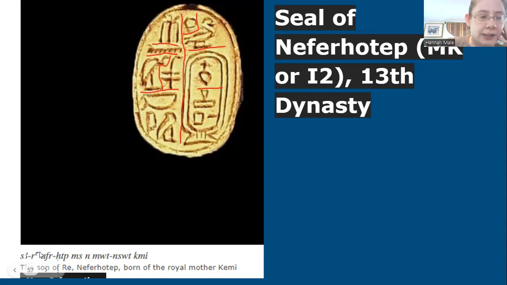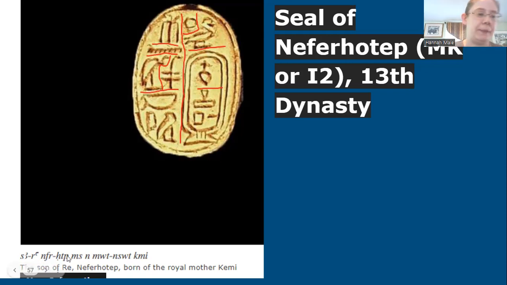And this, the son of Re or Ra. So this hieroglyphic chunk here is a common royal title that you see, I think, starting in the Middle Kingdom, and then is pretty common by the New Kingdom.